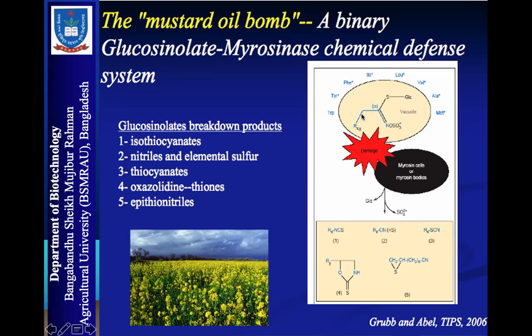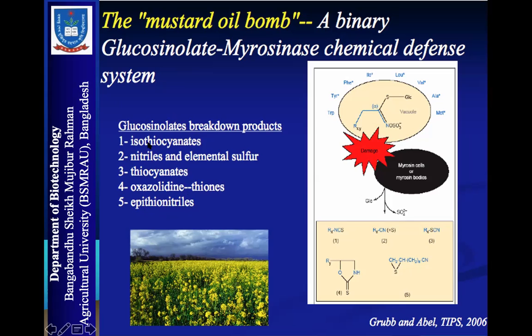But glucosinolate is a mustard oil bomb. By the action of myrosinase in the cell, it breaks down and produces isothiocyanates, which are very toxic compounds, nitriles, and elemental sulfur, along with thiocyanates, oxazolidine thiones, and epithionitrile.